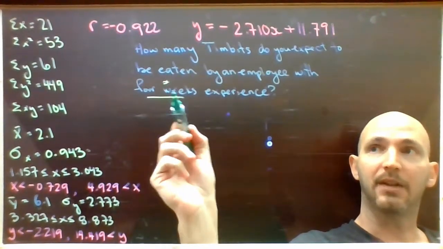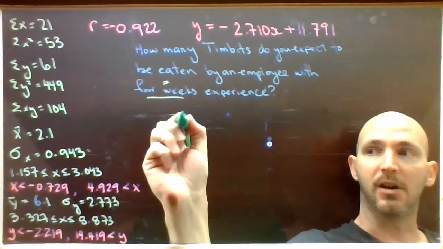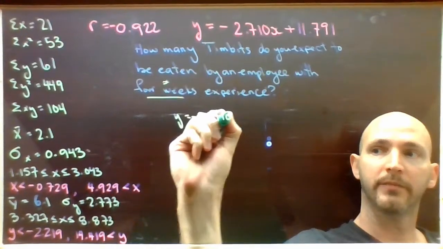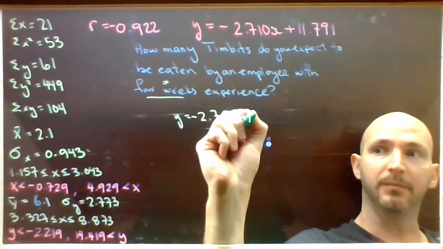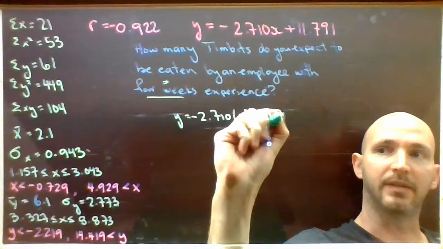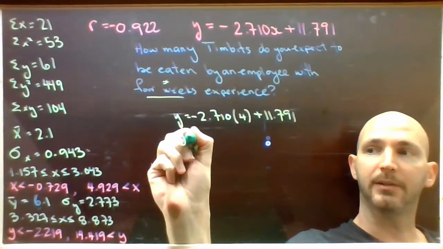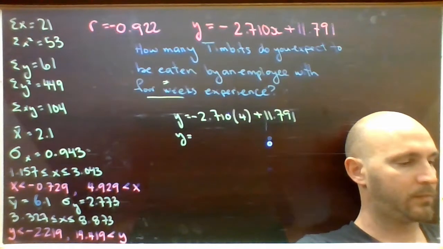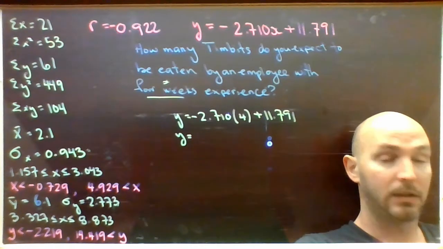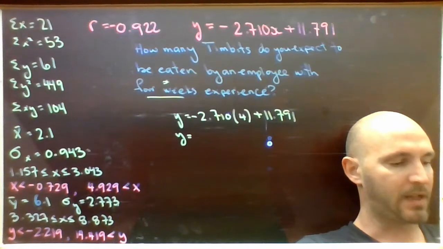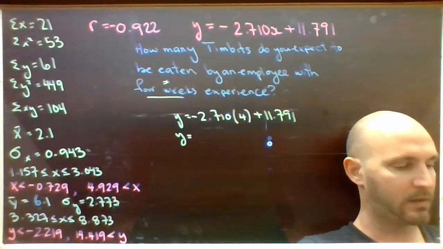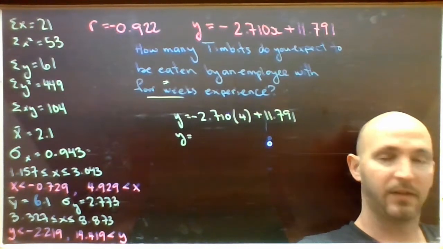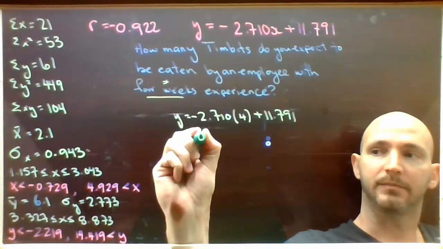So I'm going to take that 4 and put it into my model. 11.791 minus 2.71 times 4 gives me 0.951.